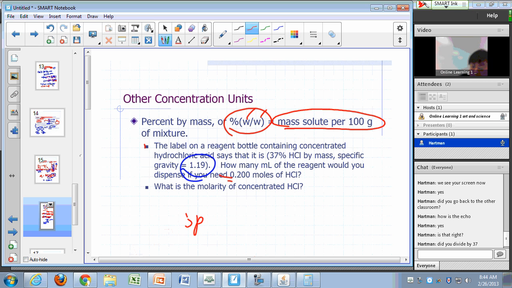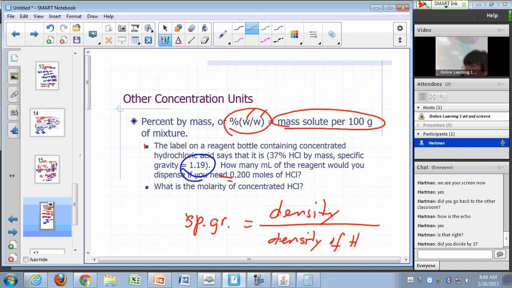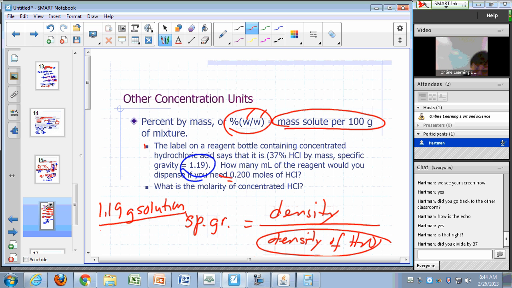Specific gravity is equal to the density of something in comparison to the density of some reference liquid, usually water. Since the density of water is 1 gram per mL, whatever the specific gravity is, that's actually the density in grams per mL. So what that means is you have 1.19 grams of solution in 1 milliliter of solution.